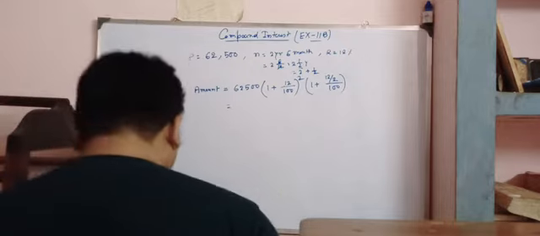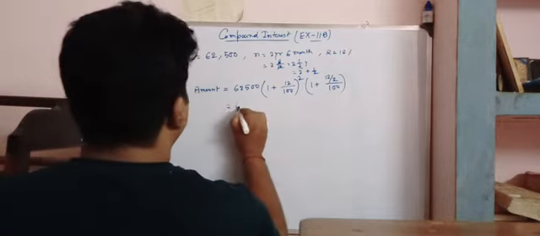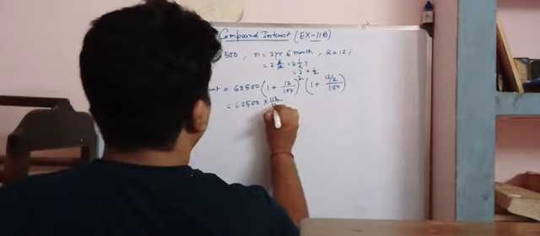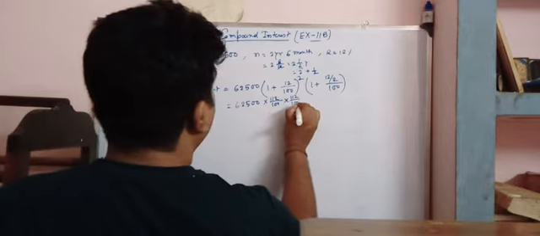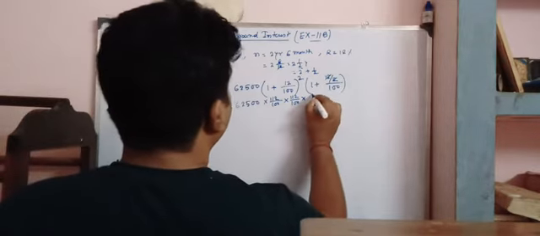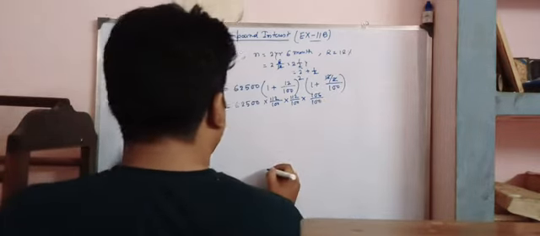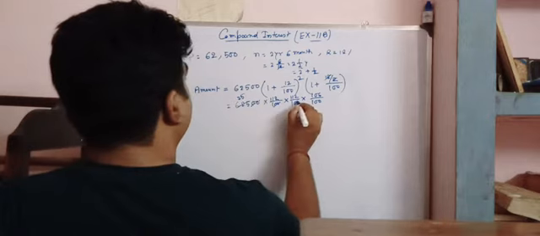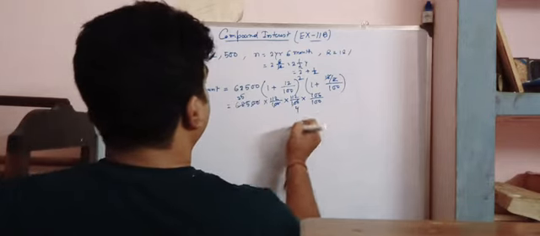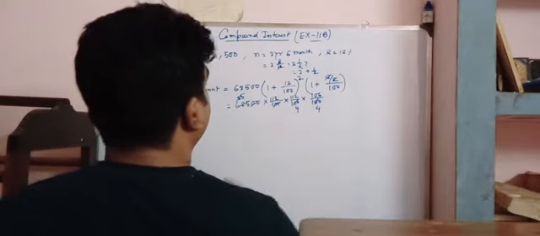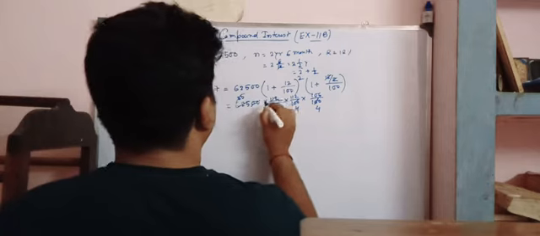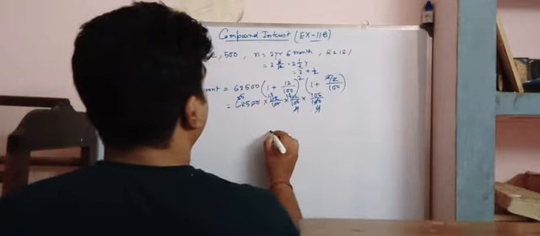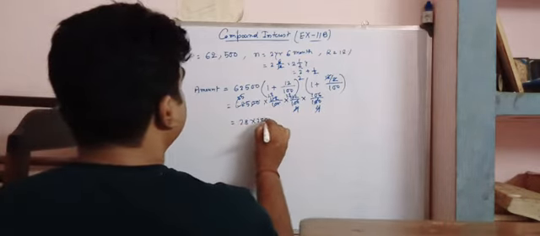Now the whole thing depends on the calculation. 62,500 into 112 by 100, 112 by 100, into 106 by 100. So 28 into 28 into 106.